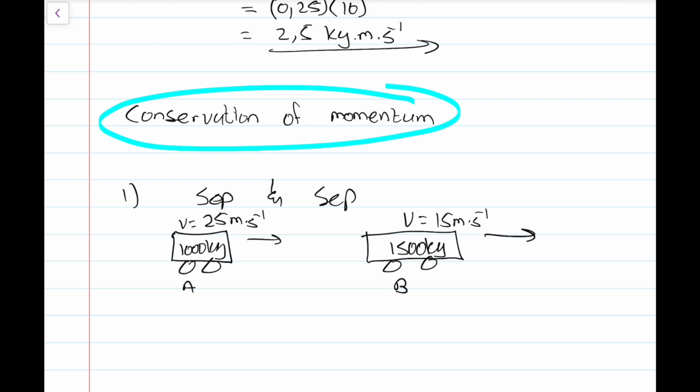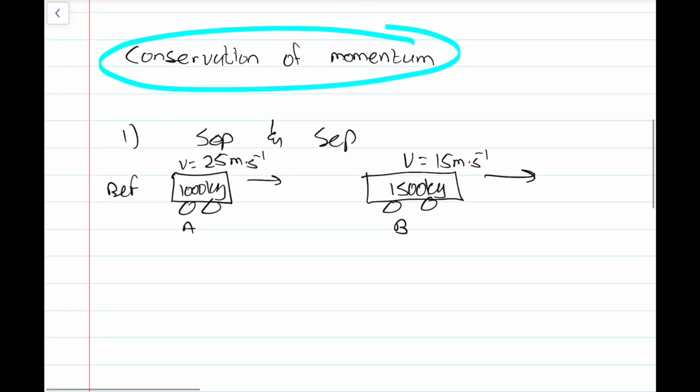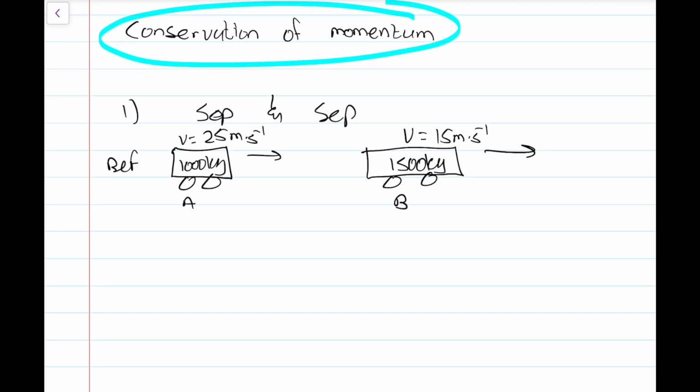Now, this is before the collision. After they collide, obviously A is going to go straight into B that way. Afterwards, A ends up having an unknown velocity.